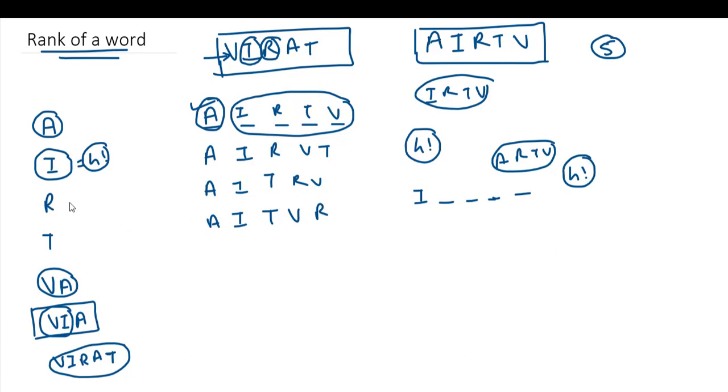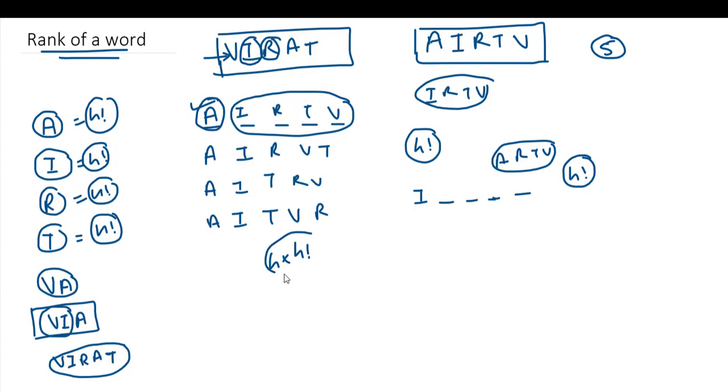In a similar way, we'll have 4 factorial words which will be starting with the letter R and 4 factorial words which will be starting with the letter T. So in total, we'll have 4 into 4 factorial words before we get any word which will be starting with the letter V. So now we have arrived at our series of words which will be starting with the letter V.